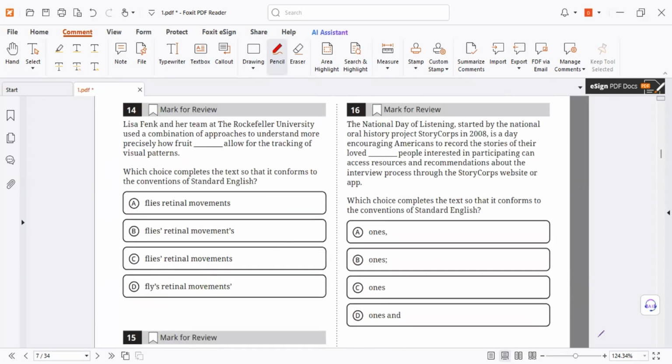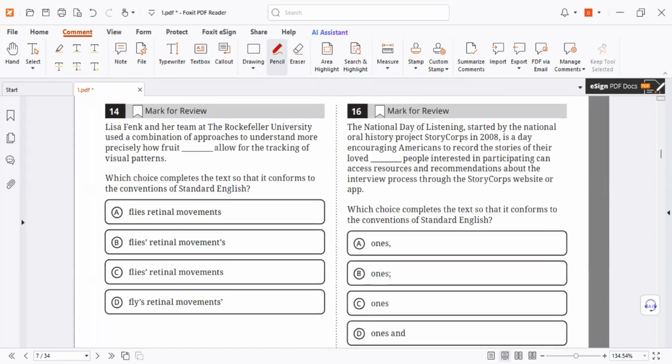Now with a question because you are angry. Letter C. Letter C, it's correct.